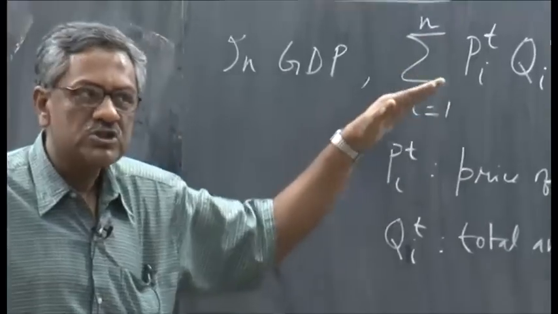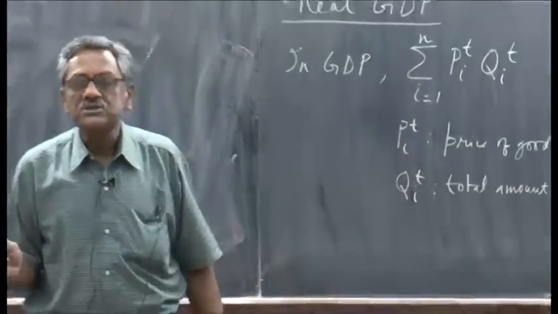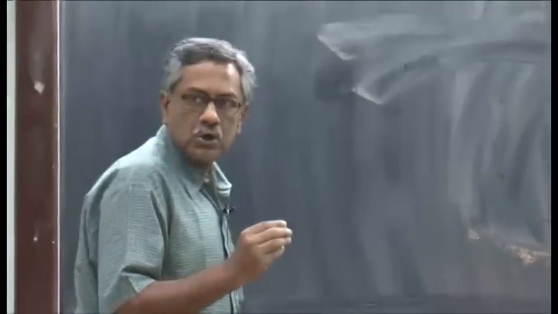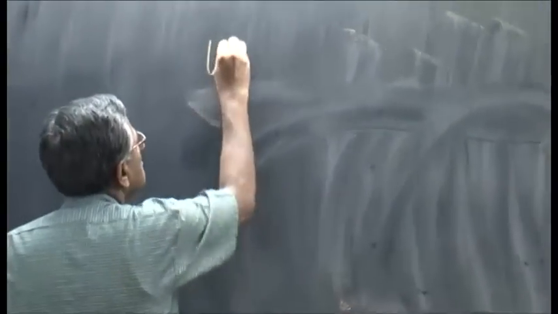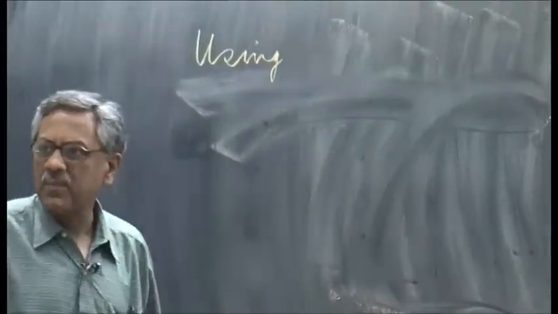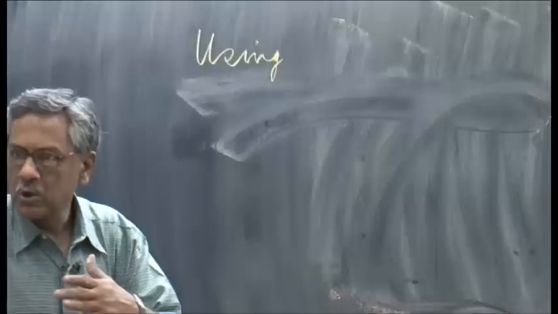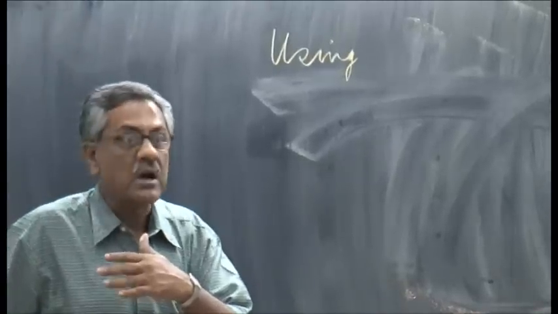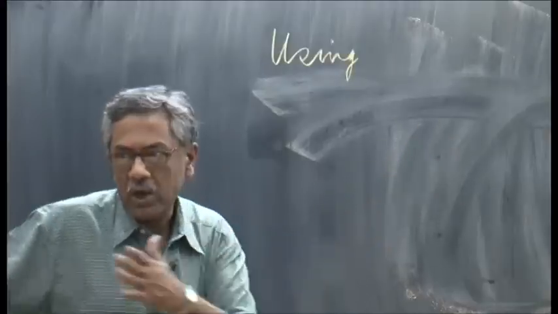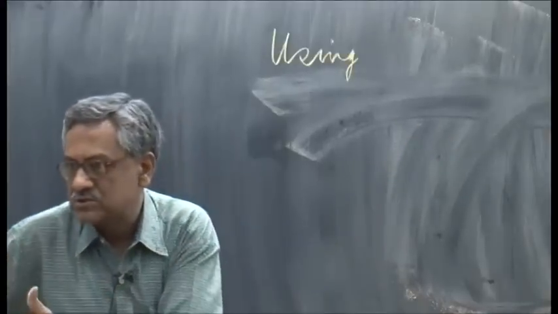P is held constant. This is called using the base period prices. The base period is one period in the past with which we compare the numbers in all future time periods. And I hold that base period price constant.